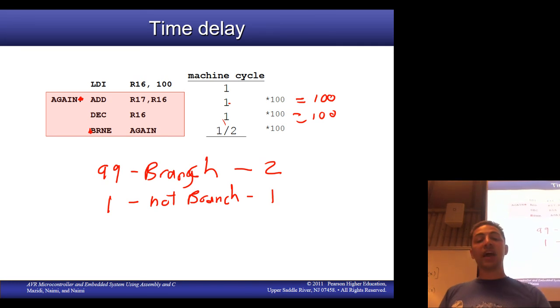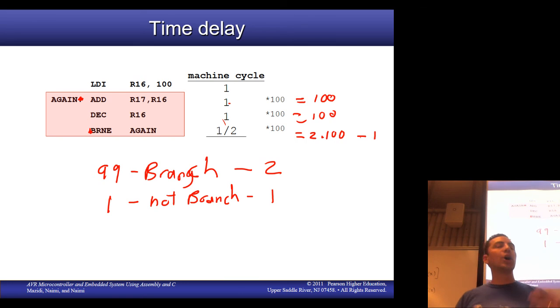Now, you could say that this is 99 times 2 plus 1, which I find causes people more problems. What I say is this is 2 times 100 minus 1. I overestimate first. I say, all right, we've got 100 times through the loop. I'm going to pay the branch penalty 100 times, and then I'm going to take back 1 because I don't actually pay it 100 times.